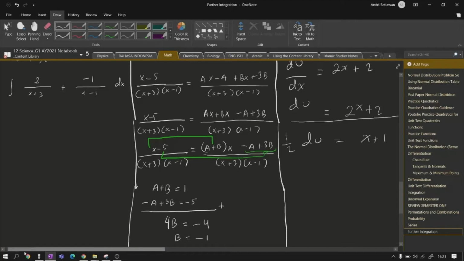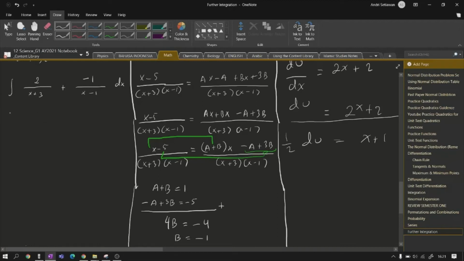After this, we use substitution because we will do two parts in this equation. The first part is the left fraction, and the second part is the right fraction.